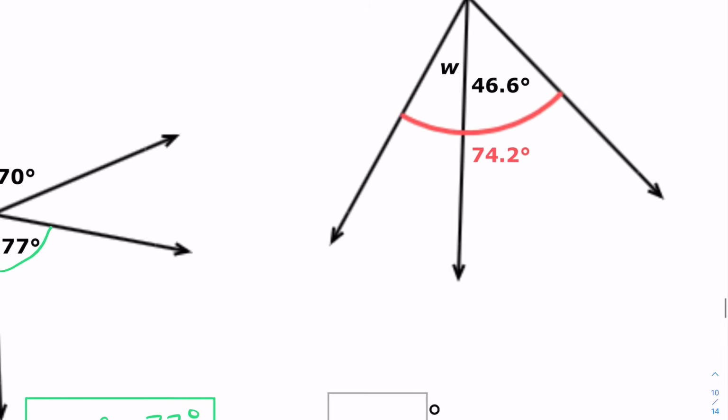The next one is not supplementary or complementary or vertical, but it is adjacent. What I know about adjacent angles is that they add up to the total of the two.